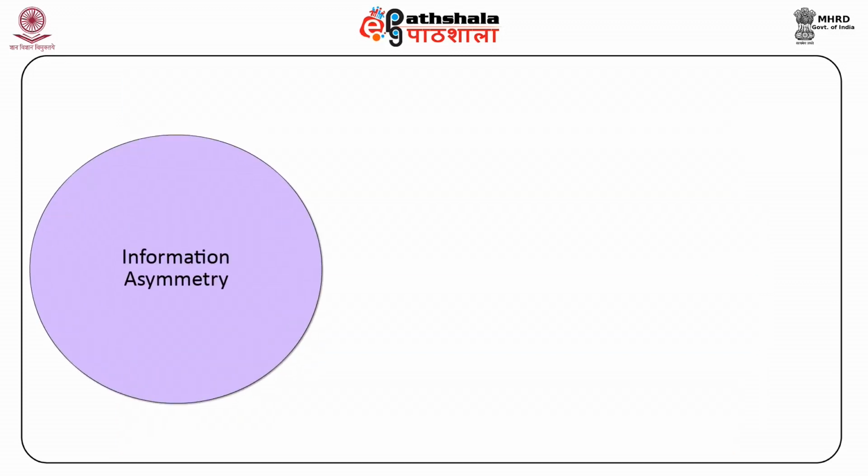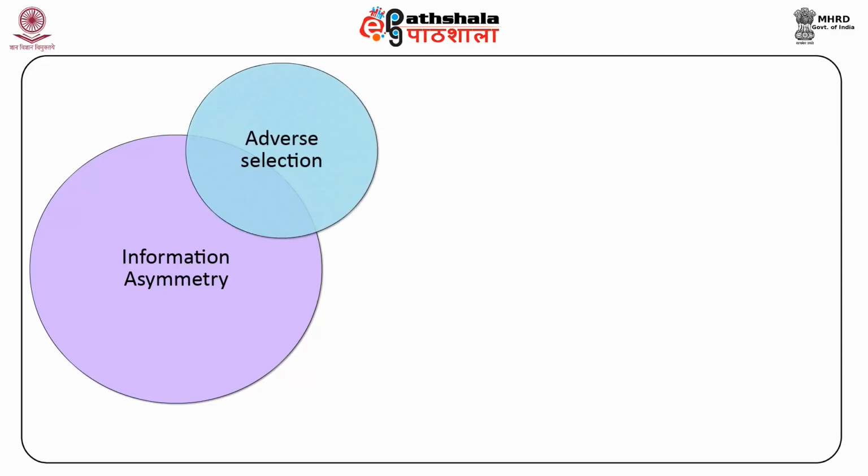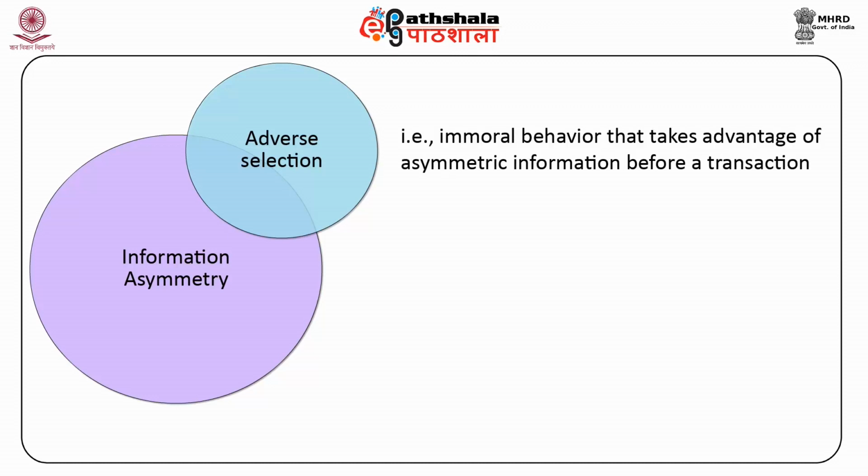Information asymmetry can lead to two main problems. One, adverse selection, immoral behavior that takes advantage of asymmetric information before a transaction. For example, a person who is not in optimal health may be more inclined to purchase life insurance than someone who feels fine.